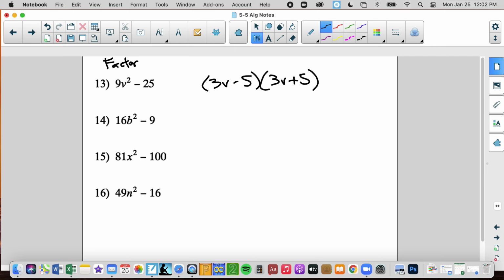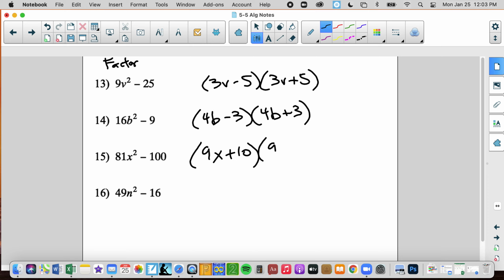So 16b squared minus 9 would be 4b minus 3, 4b plus 3. 81x squared minus 100 would give me 9x plus 10, 9x minus 10. There's no reason why I put positive first or negative first.